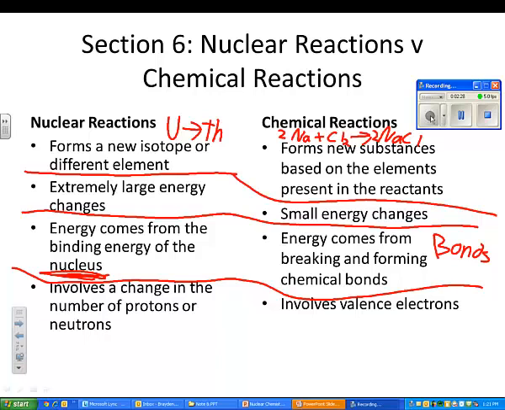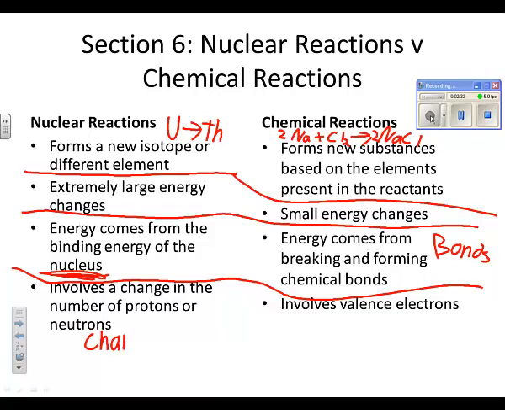And finally, nuclear involves a change in the nucleus, whereas the chemical involves a change in valence electrons. So chemical is all about the electrons, whereas nuclear is all about the nucleus. Okay, that should make sense. We'll go ahead and state it for you.